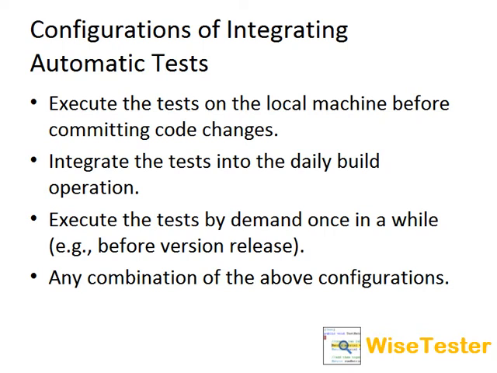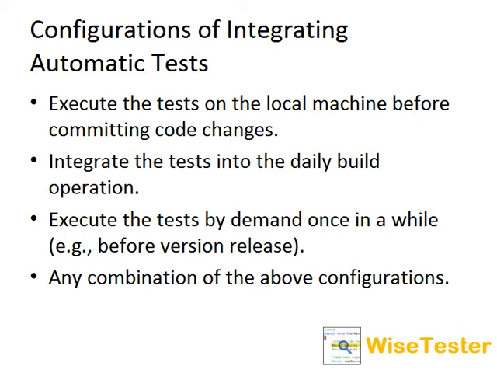Most of the development groups have another configuration. They have their whole automatic tests being executed on a daily basis by a build server, together with each new build. Another configuration: there are development groups which have a very, very large set of unit tests and integration tests, which have an execution time of more than several hours.